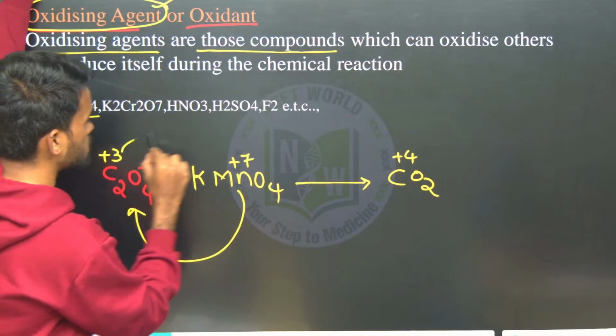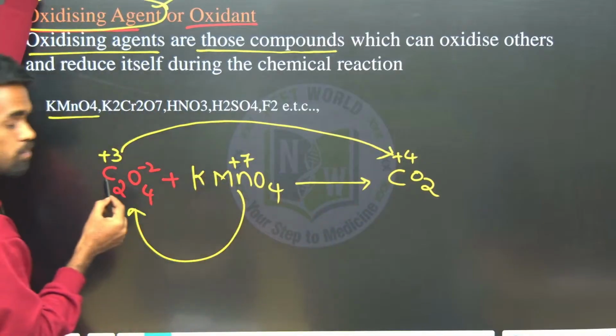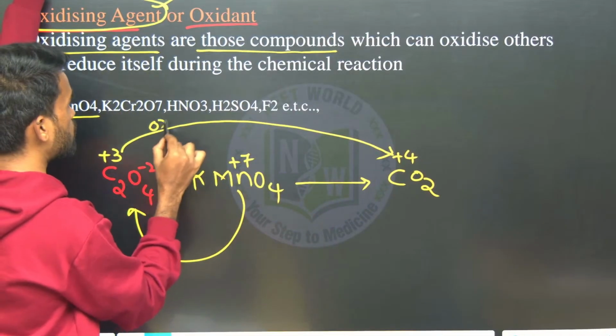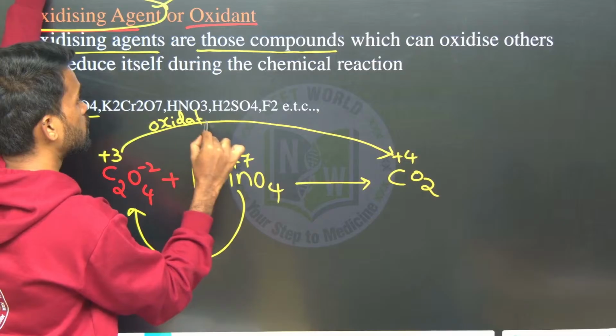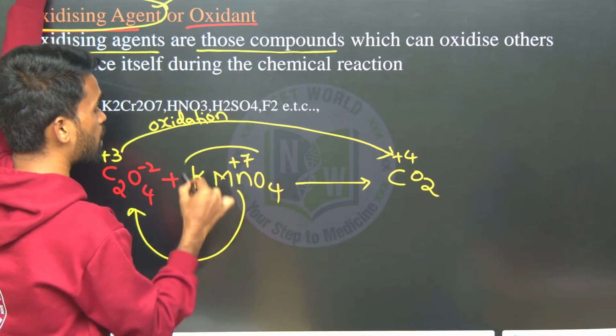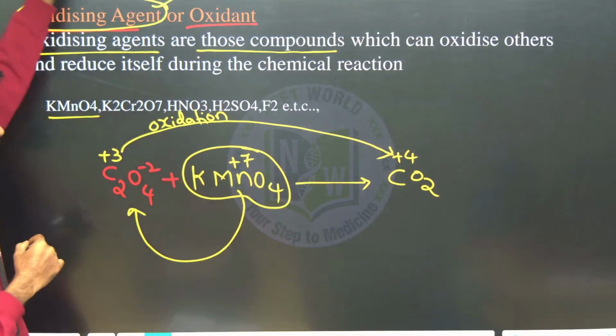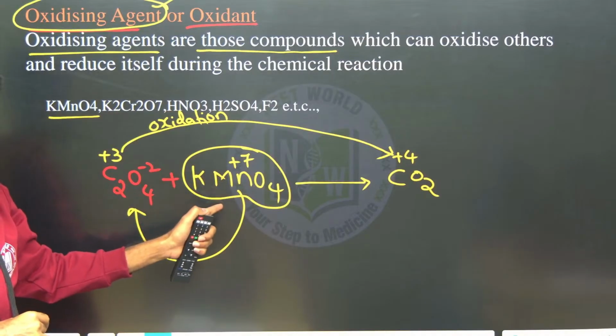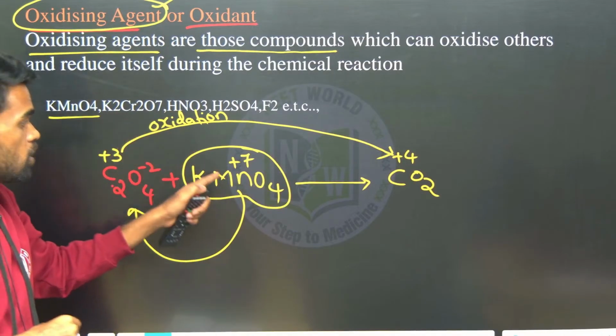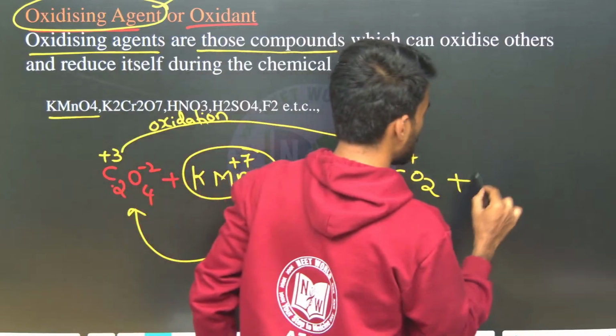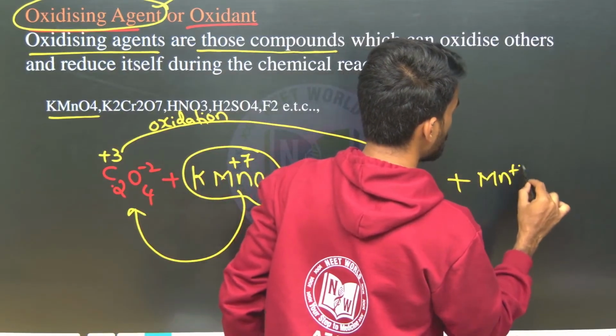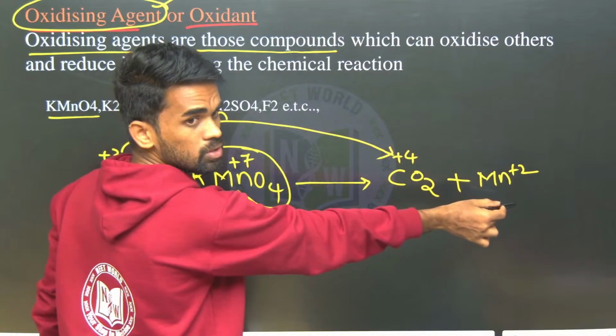So what is this process here? Carbon is converting from plus 3 to plus 4, which means carbon is undergoing oxidation. With the help of this, I can say KMnO4 is an oxidizing agent, oxidizing others, and now permanganate is converting into Mn plus 2 form. So plus 7 is converting into plus 2.